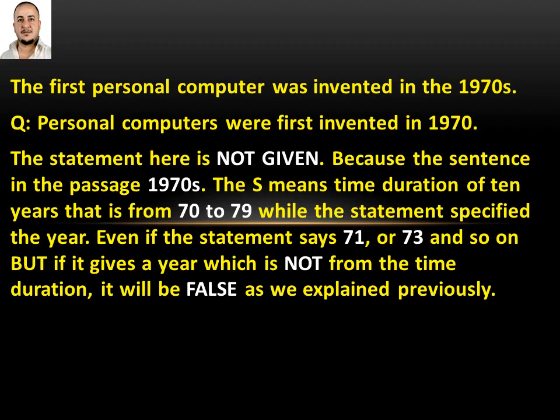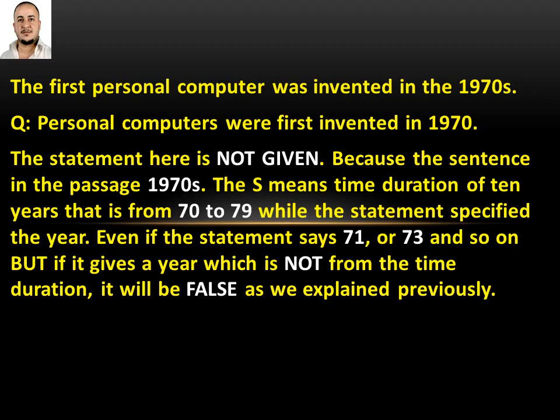The S here, which is added to the 1970, means time duration of 10 years, that is from 70 to 79, while the statement specified the year. Even if the statement says 71 or 73 and so on, but if it gives a year which is not from the time duration, it will be false, as we explained previously.